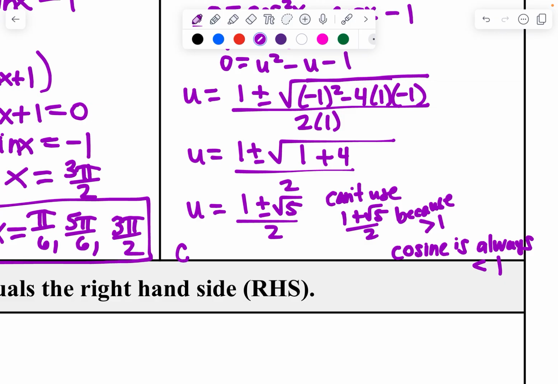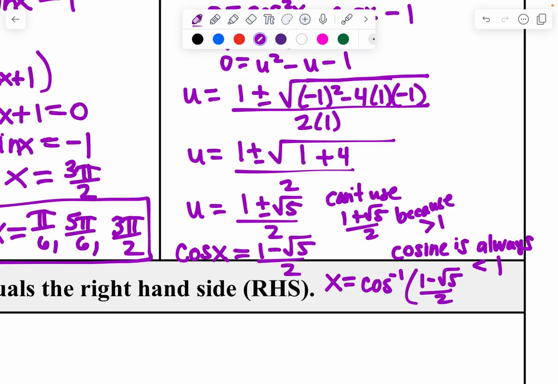We can go back. U was the cosine of x. So now we know the cosine of x has to equal 1 minus the square root of 5 divided by 2. And so if we type that into our calculator, we'll type in inverse cosine of 1 minus the square root of 5 over 2.